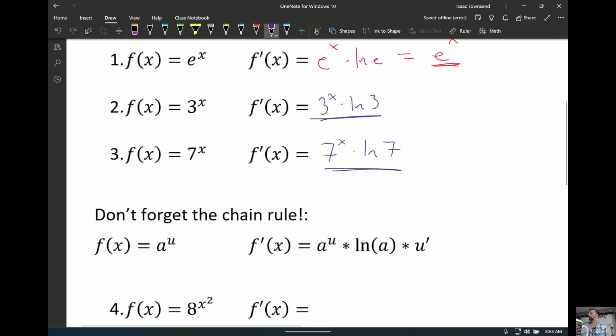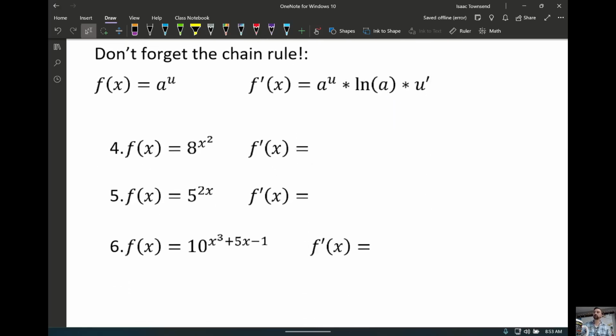And of course, the only way to make that harder is to think about the chain rule. So if it's a number to some power, you're going to get that number to that power times the natural log of the base times the chain rule, the derivative of the inside stuff, the stuff that you're plugging into the function.